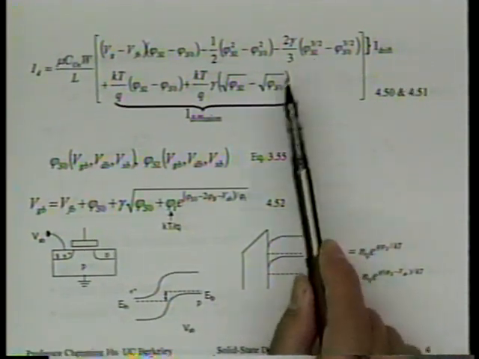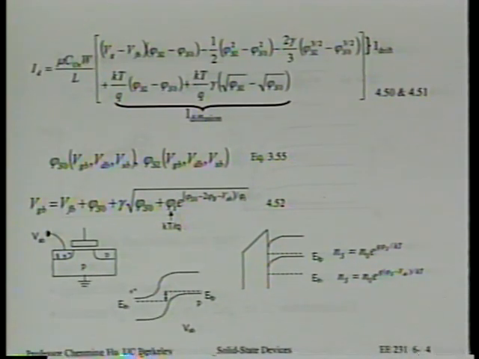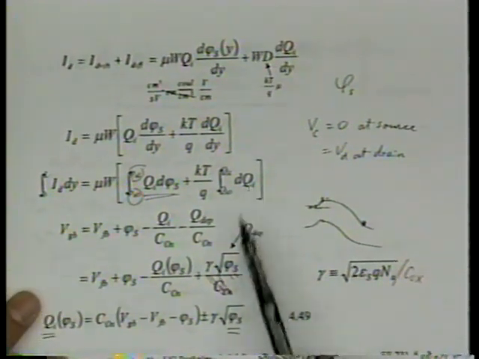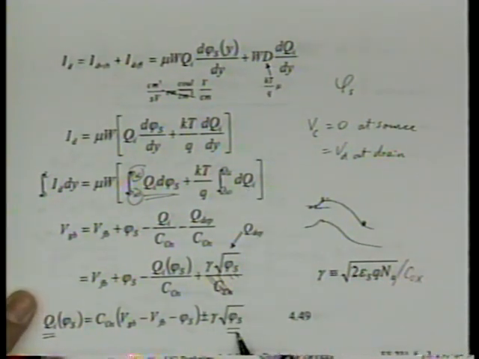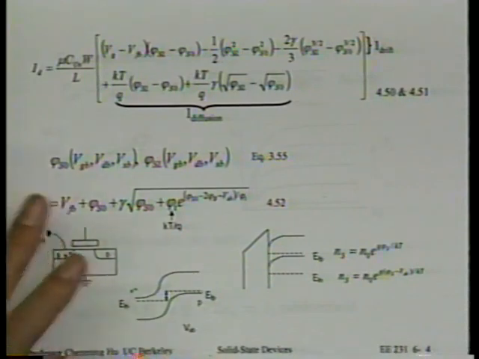Where did this square root term come from? Any idea? Well, it came from this Qi term, right? Qi is a function of the square root of phi s. Okay. So this is just the mathematical integration, no new physics.